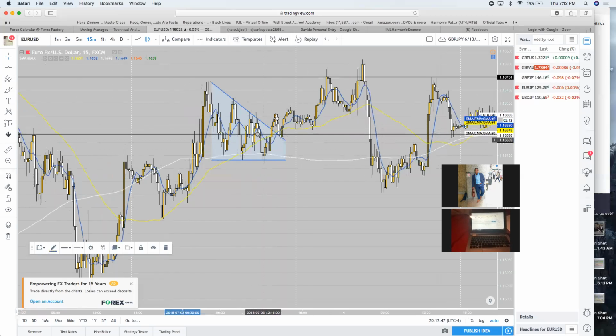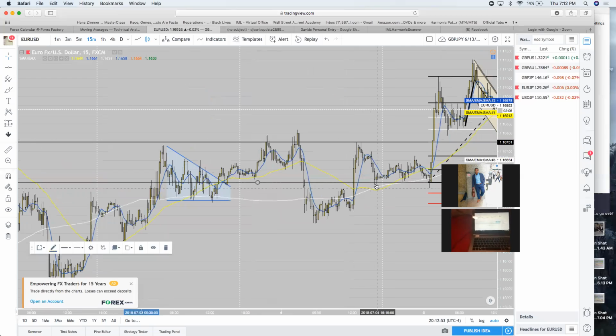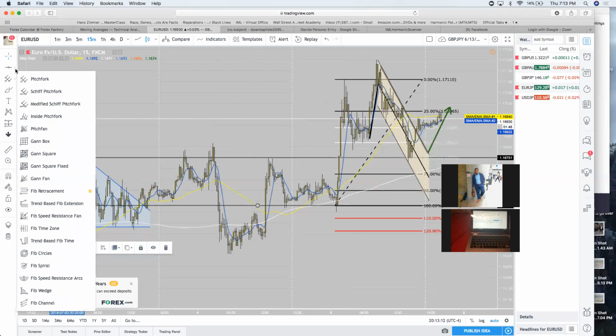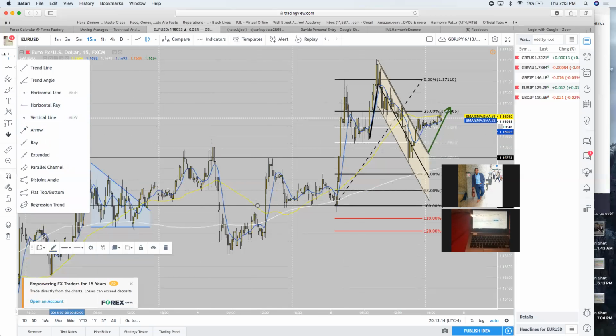So now you have a breakout and it retested on top of it and also became a support. It became a support here, it became a support here, it became a support here, and what happened? It broke out, and now we're in a bullish trend. So you can use these indicators to really help you understand where you are in the market. These indicators and tools are there to make your trading a little bit better.